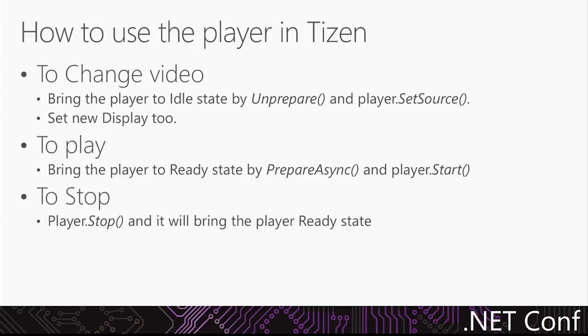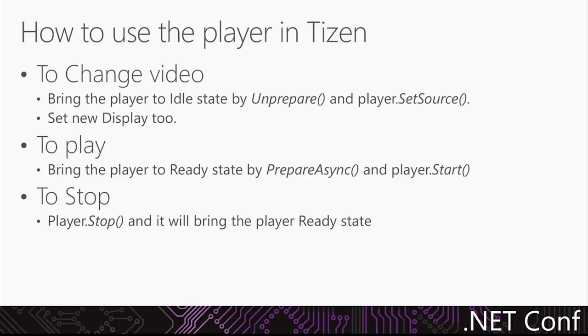If you want to play the video, you need to bring the player to the ready state. To do that, you call prepare async, then it becomes ready and is ready to play. After that, you can call player start. To stop it, you simply call player stop, which brings the player back to the ready state.